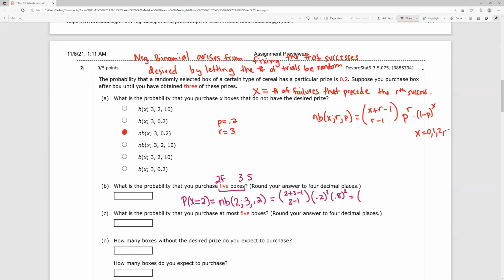So that works down a little bit to 4 choose 2, and then that would be 0.008 and 0.64 if I use my calculator. 4 choose 2 is 6. You can use your calculator button, or you could do factorial expansion to get that. So if I multiply all that out, rounded to 4 decimal places, I'm going to get 0.0307 for this one.